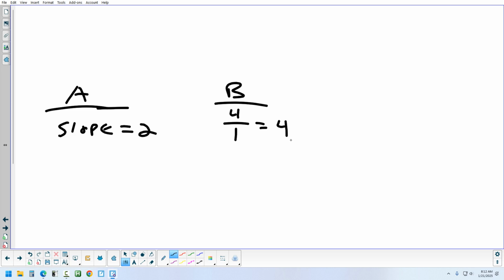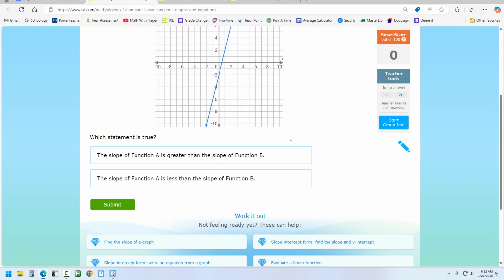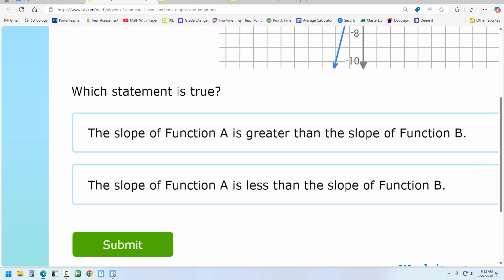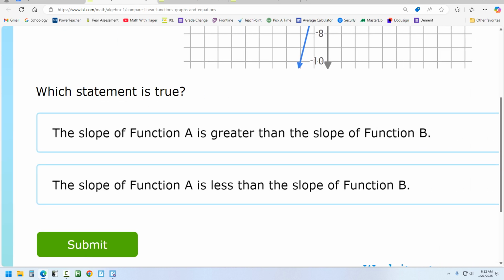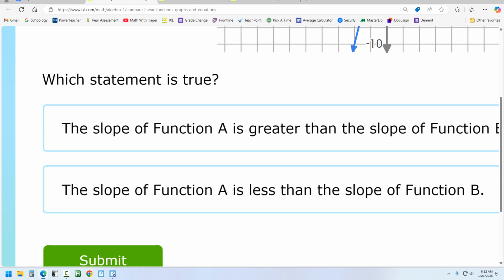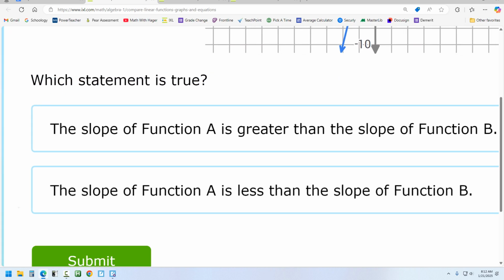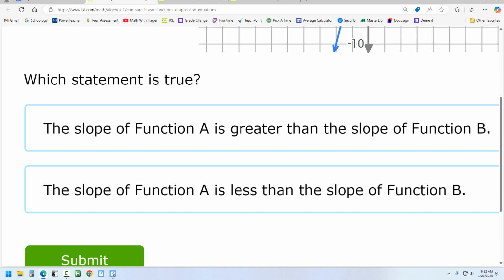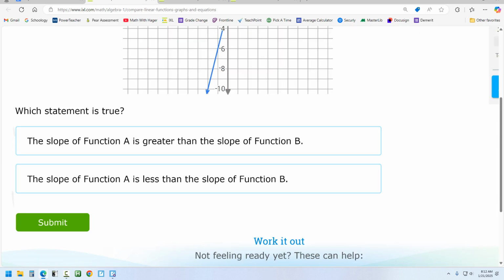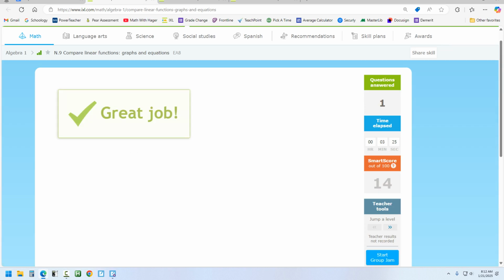Those are our slopes again. Oh, you can't see it? See anything over here? Is the slope of A greater than B, or is the slope of A less than B? Yeah, it's less. So we'll click on that. And there we go.